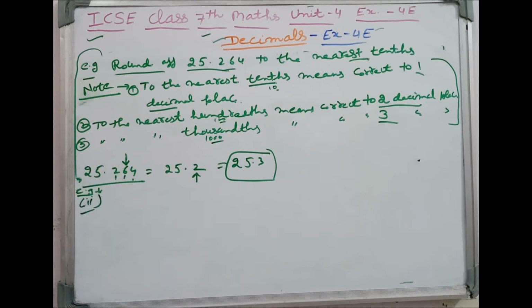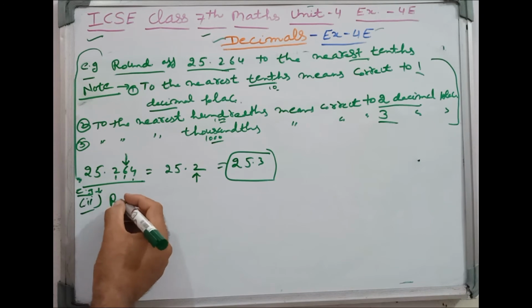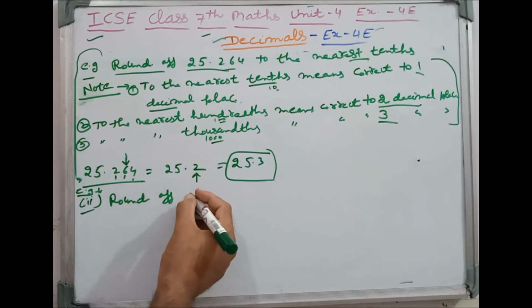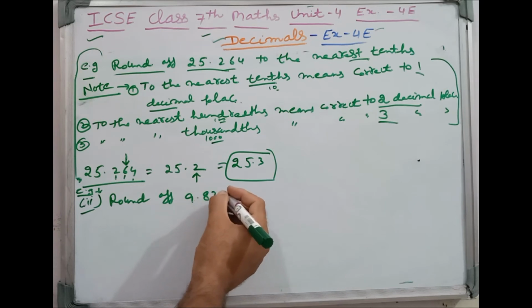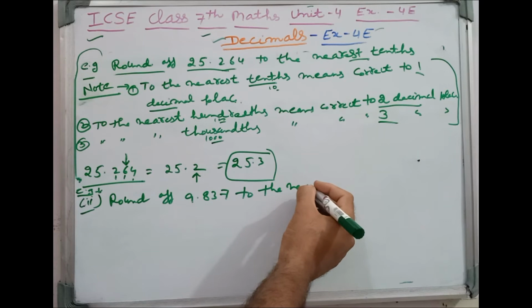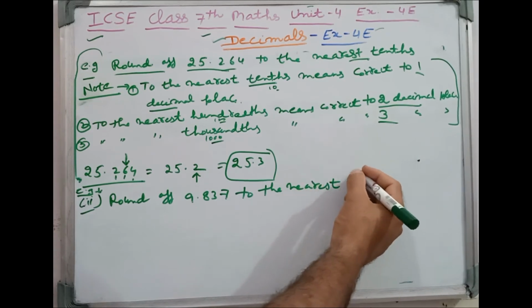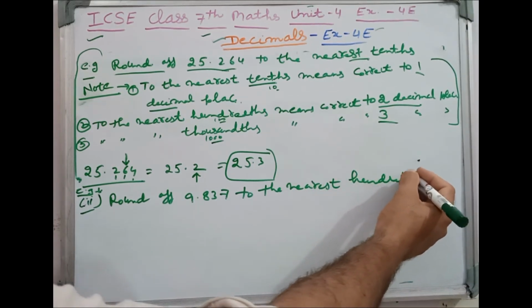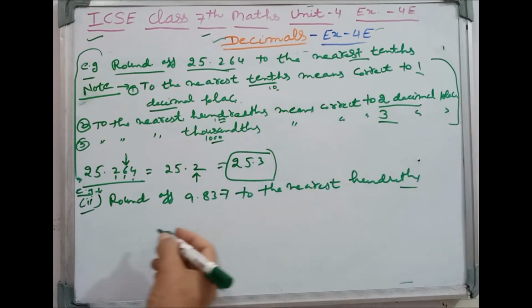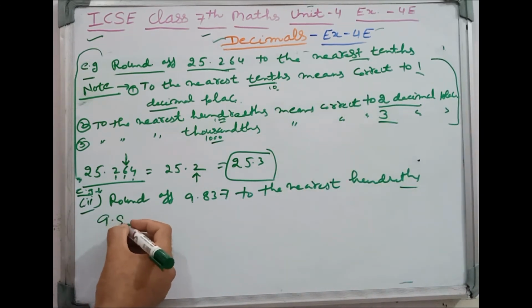Another example is round off 9.837 to the nearest hundredths. Hundredths means correct to two decimal places. Take the required number 9.83.